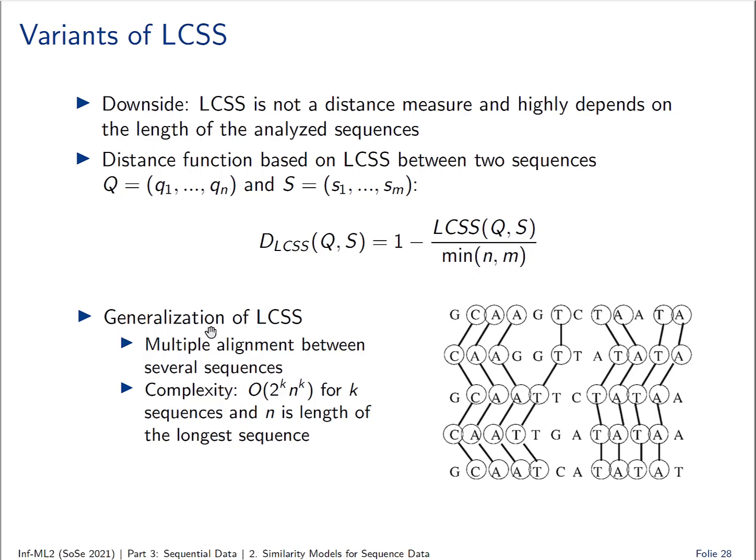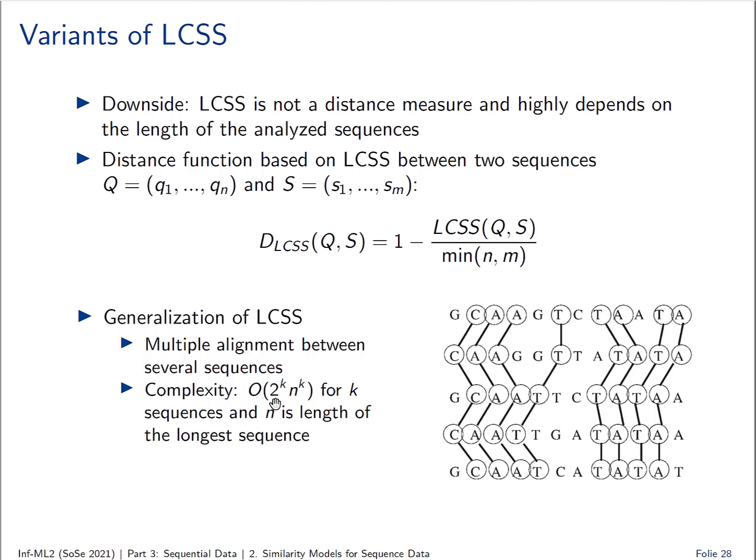And then I just want to show you a generalization of the longest common subsequence, which is again very popular in bioinformatics, where we have multiple alignments between several sequences. So not only two sequences in the input parameters, but we may have multiple ones, for example, K. So we look for the longest common subsequence of K sequences.